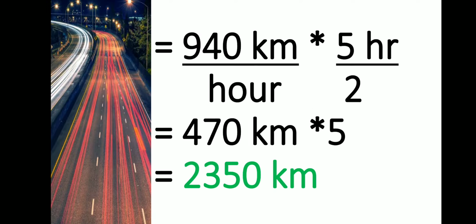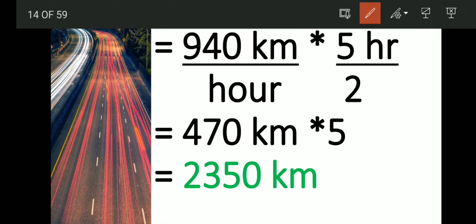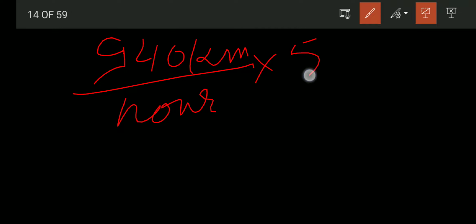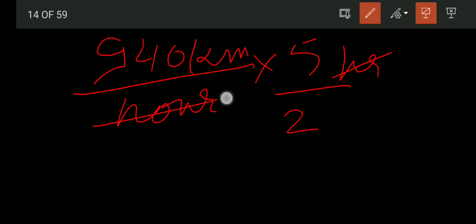I'll show you the calculation. This is 940 km per hour into 5 by 2 hour. See this, hour gets cancelled. 2 4s are 8, 7s are 14, 0.